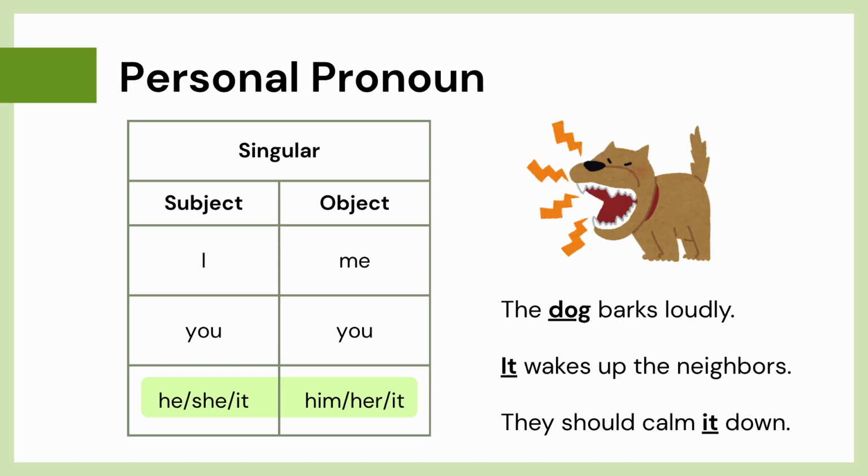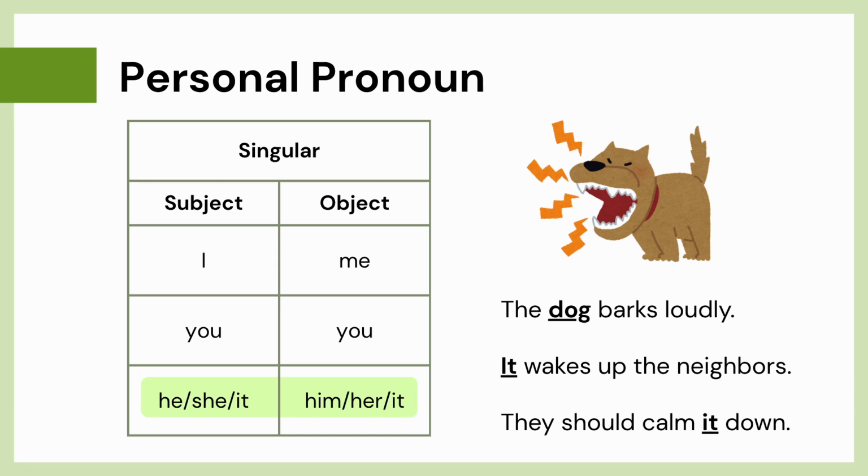We can use the pronoun it for animals that we don't know the gender of, and also for things or items such as phones, shoes, blankets, even for ideas or situations like meetings, plans, trips, and many more.